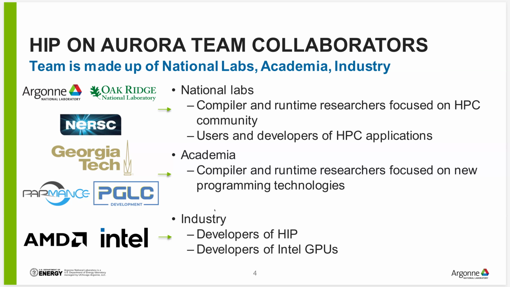Georgia Tech, who helped us a lot with the prototype, both on the HIP side and on the CUDA side. The researchers from Parmance, who has now been acquired by Intel, but were a startup company from the University of Tampere. Pekka Jääskeläinen, who is a former Intel employee that we have worked alongside during the project and is still working with us.